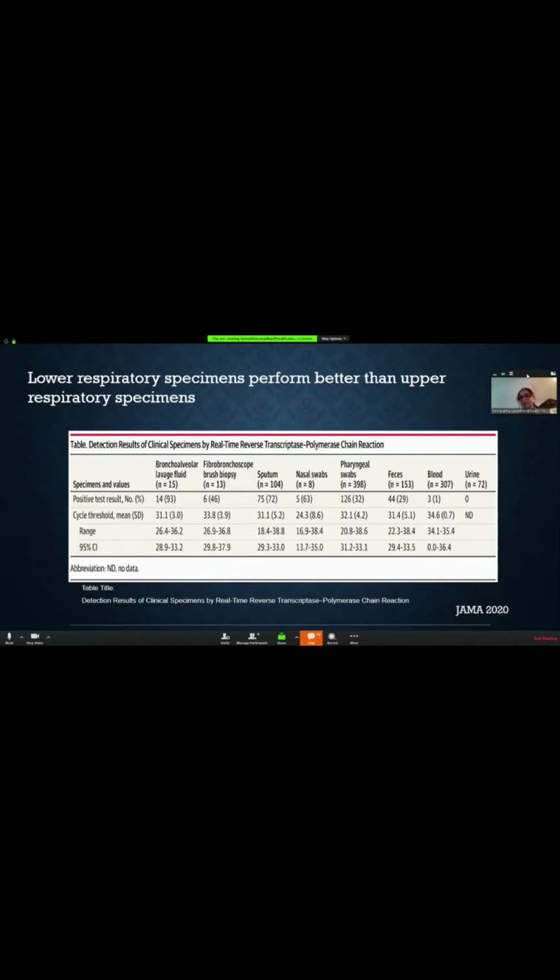In other words, you want to have a test that has a better sensitivity and that is boosted by the type of specimen that you obtain.